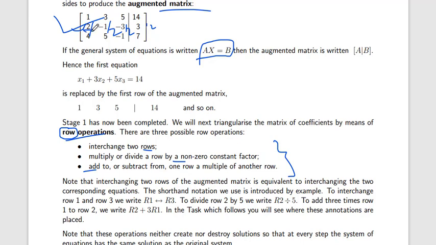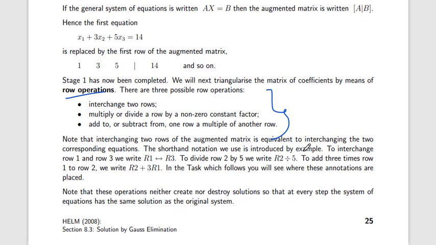If you want this to be 0, we multiply the first row by 2, r1, then subtract it from the second row. So there are 3 types of row operation in Gauss elimination.